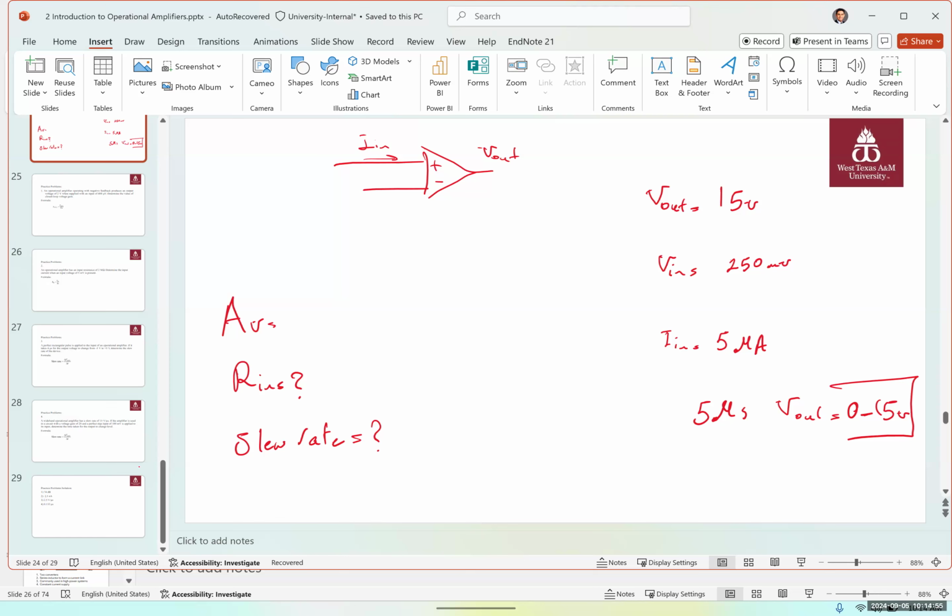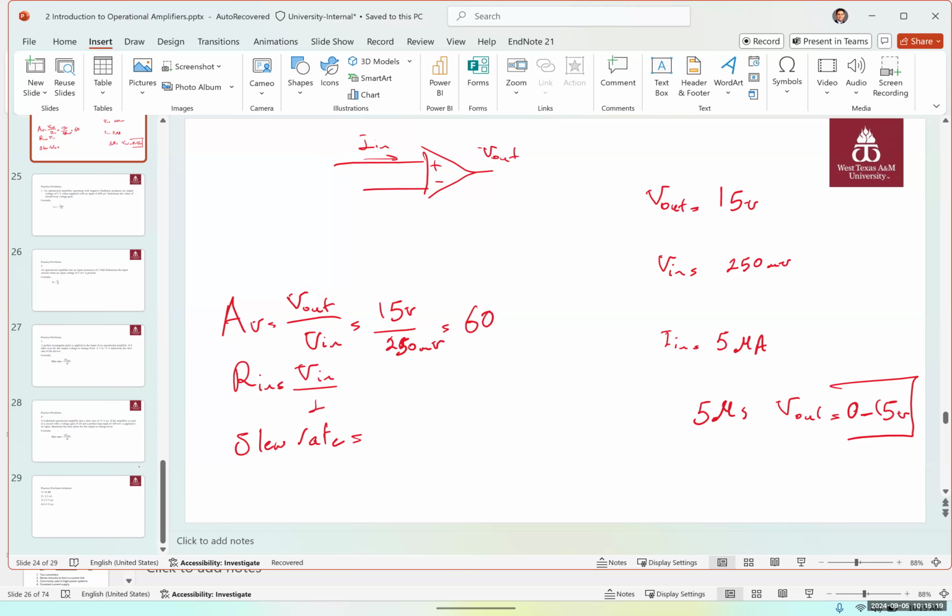We solve for AV first, which is V out over Vn, 15 volts over 250 millivolts. What was the answer for this? 60, perfect, 60.